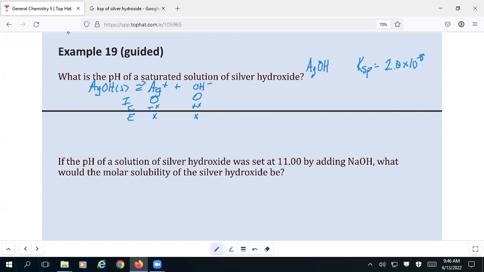The one-to-ones are easy to do because it's basically KSP, 2 times 10 to the negative 8th, is equal to the concentration of silver times the concentration of hydroxide, which is x times x, or x squared. So all we've got to do is take the square root of the KSP, and we will get a value of x. The square root of 2 times 10 to the negative 8th is 1.4 times 10 to the negative 4th.